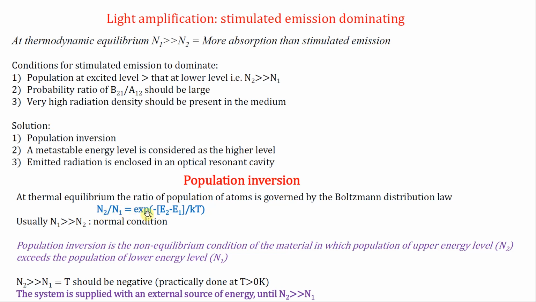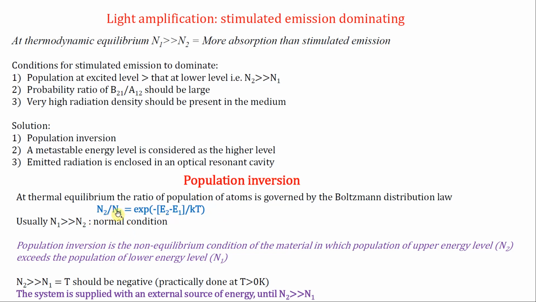That is N2 by N1 equals exponential of minus (E2 minus E1) by KT. N2 is the number of atoms in level 2, N1 the number of atoms in level 1, E2 is the energy of level 2, E1 the energy of level 1. In a normal condition, you have N1 dominating over N2, and what we need is N2 greater than N1.